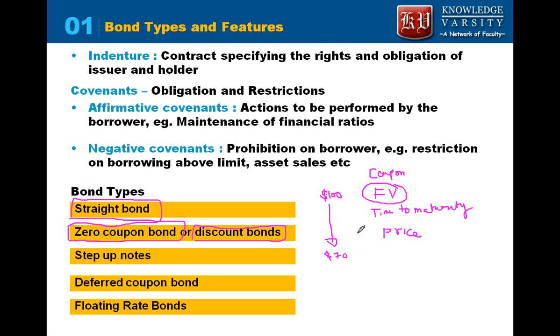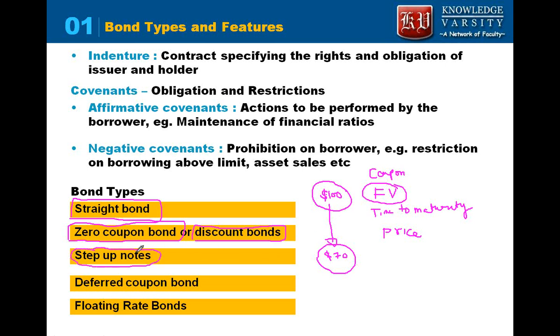At the time of maturity, the bondholder will get $100. So he invested $70 and will get $100 from his investment. The earning will be $30, and that will be the interest that the investor has received.